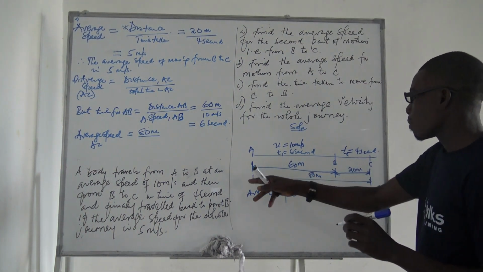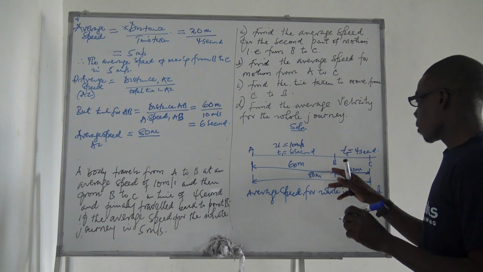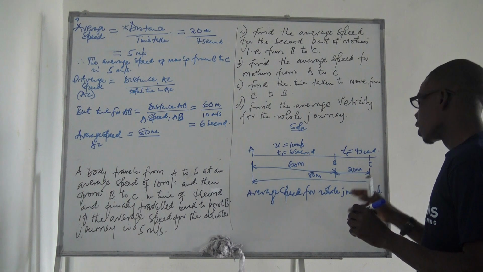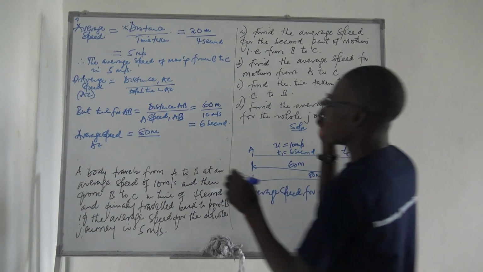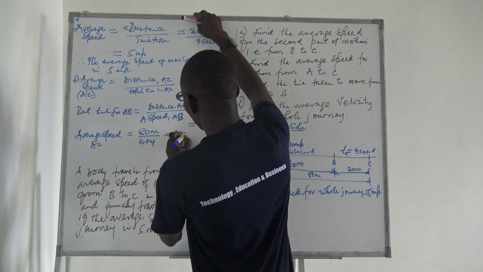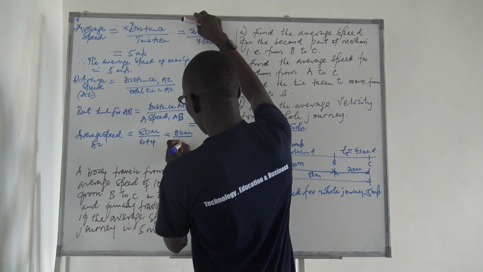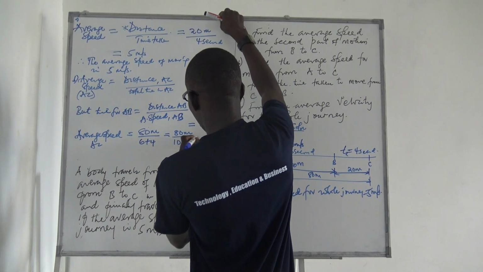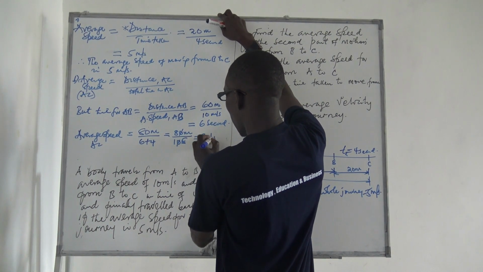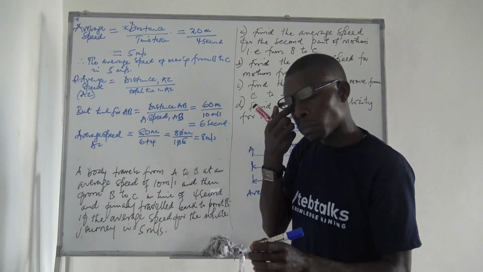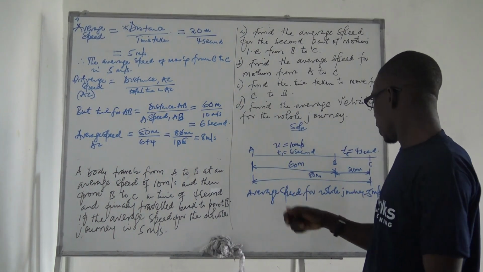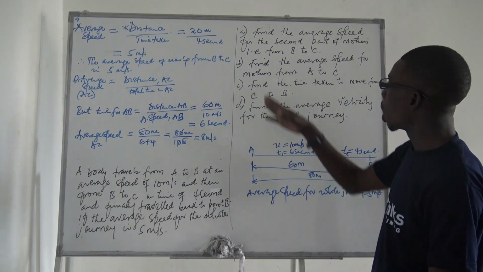To get the total time AC, we shall say time in AB plus time in BC gives us time in AC. That is 6 plus 4, which is 80 meters out of 10 seconds. Is that okay? And that is giving you 8 meters per second. Is that okay? 8 meters per second as our average speed of moving from A to C.